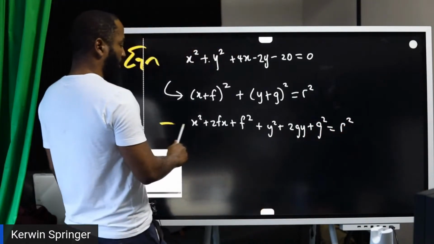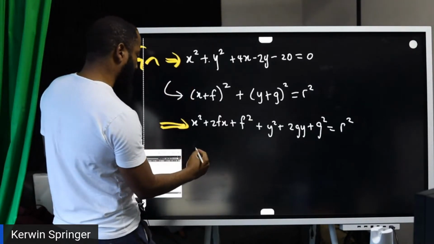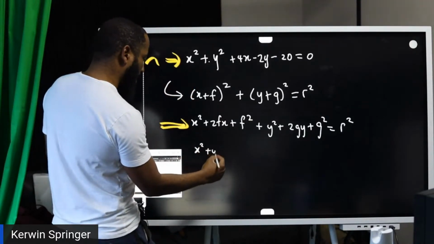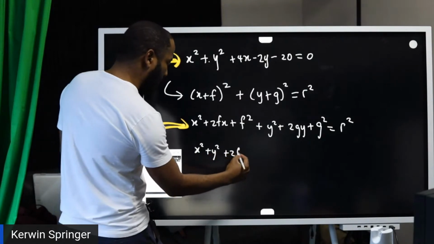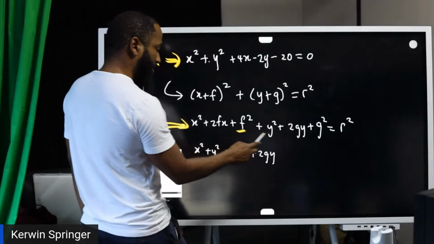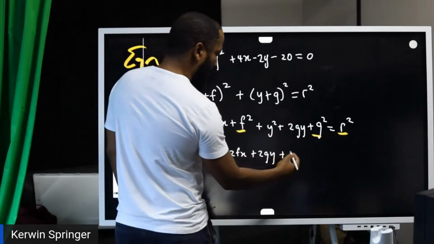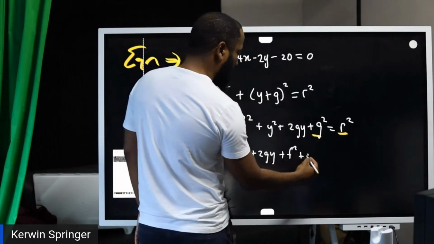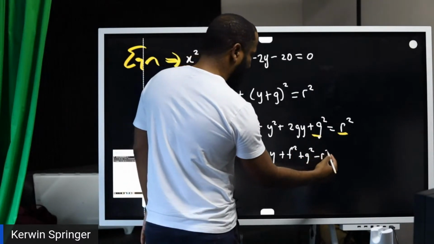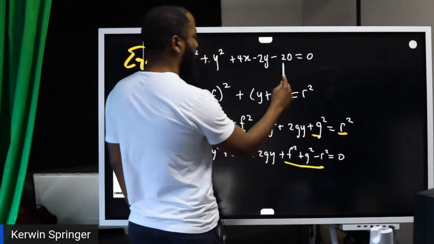I want everything to resemble the first equation here, so let me organize it: x squared plus y squared plus 2fx plus 2gy, and these are constants, so I'll bring them together, plus f squared plus g squared minus r squared is equal to 0. So all of this must be equal to that.